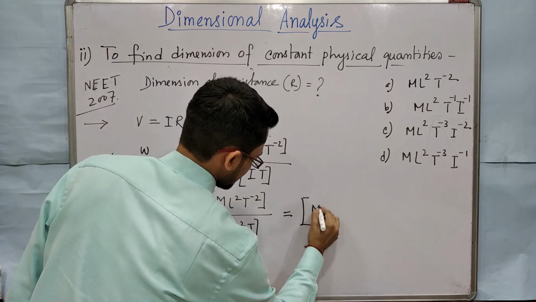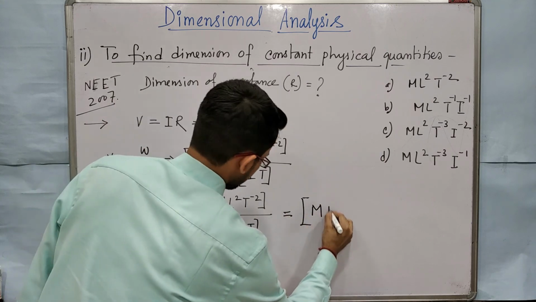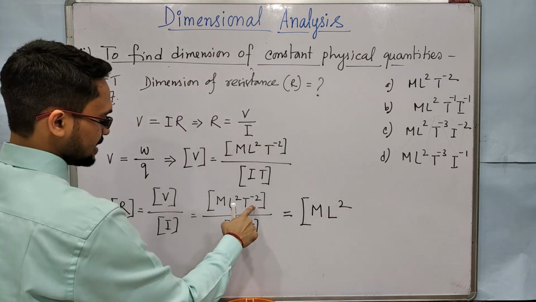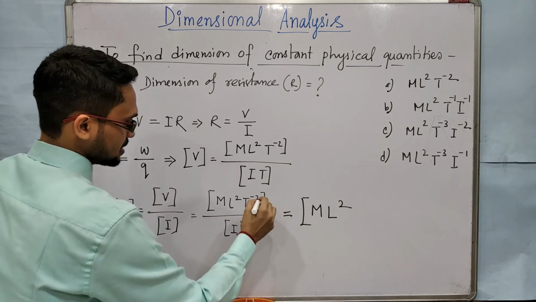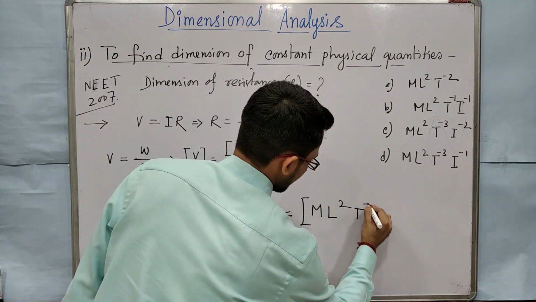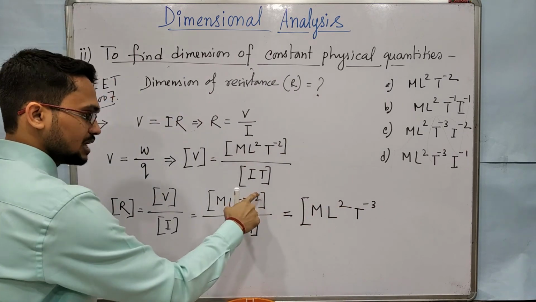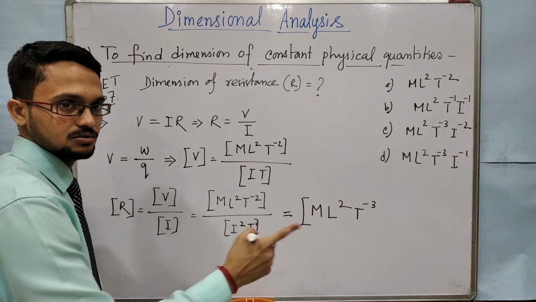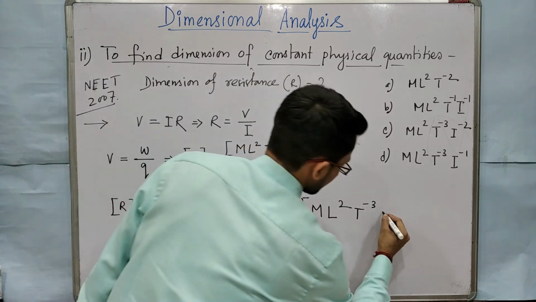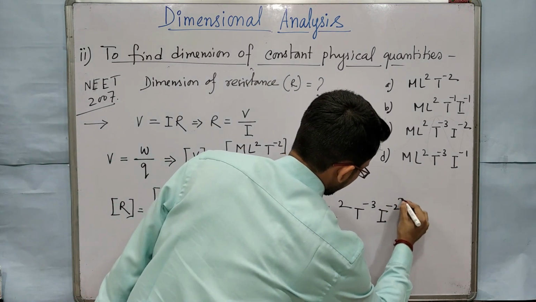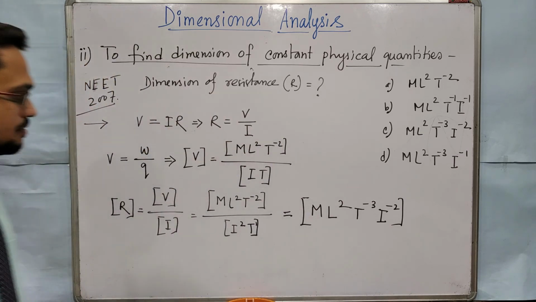M, no change. L, no change. T, minus 2 and here 1; when it goes up it will be minus 1, that means T minus 3. Then I square goes up, it will be I minus 2. So this is the dimension of resistance.